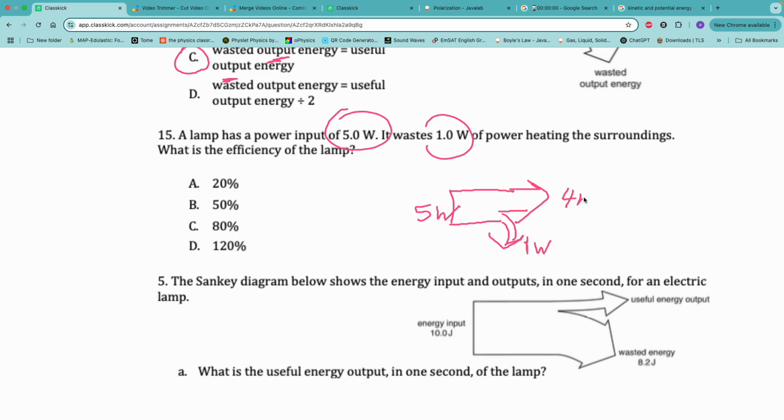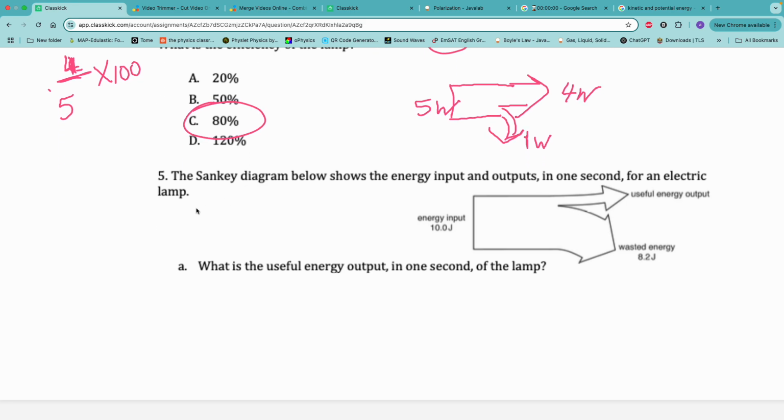This means 4 will be used. So what is the efficiency? Efficiency is useful output, which is 4, over total input, 5, times 100. It gives 80%.